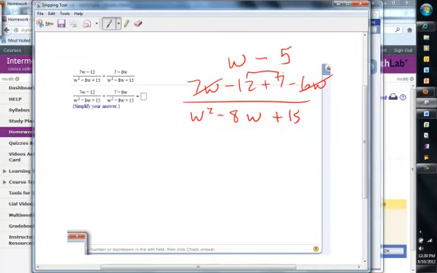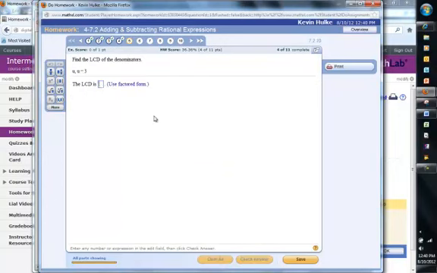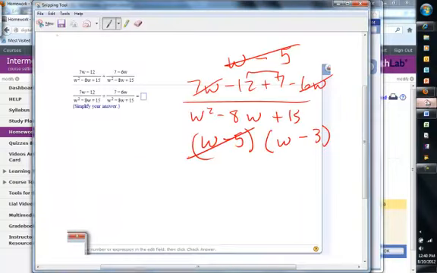These two combine to be 5. I'm guessing this denominator factors into w minus 5, and it does, w minus 3. The w minus 5's cancel, and we're left with 1 over w minus 3. Look for those things that can cancel as you're doing your assignments, and you'll be a lot better off.